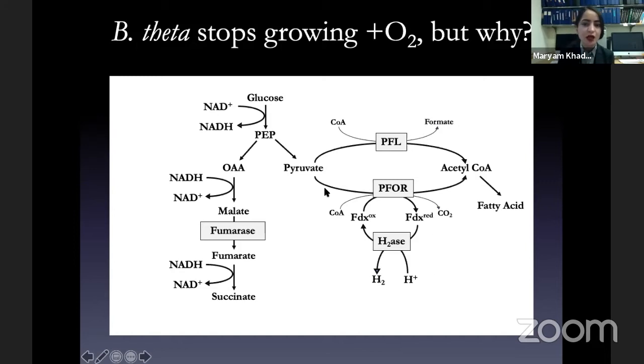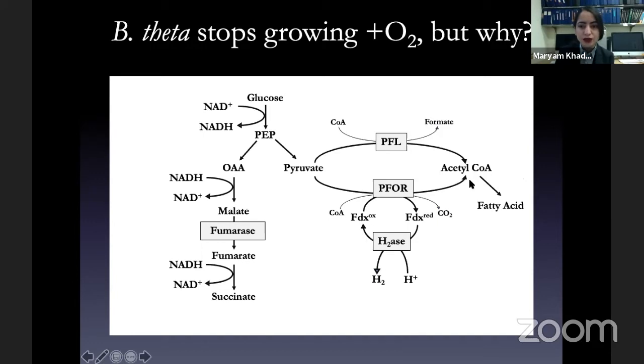The other way to come to the same result is using PFOR, pyruvate ferredoxin oxidoreductase. The extra carbon is released here in the form of CO2, not formate like there. And in the process, 1 molecule of ferredoxin is reduced. Then that can later be oxidized back through different enzymes, for example, hydrogenases.